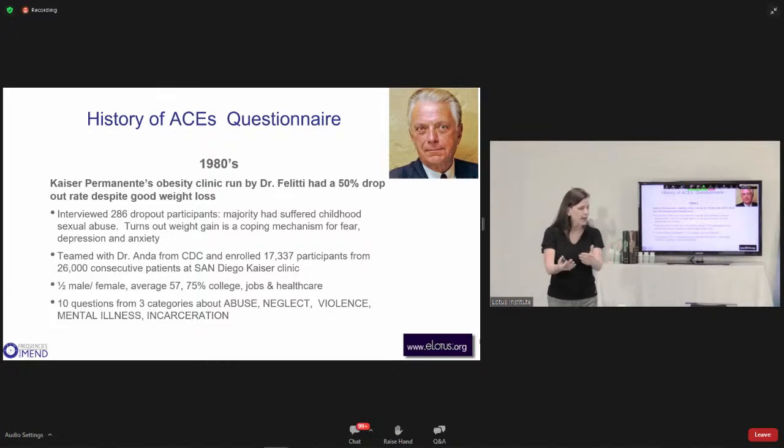So now you've got these people coming in, and basically you had an average age of 57, and they came up with 10 questions in 3 categories, and it had to do with abuse, neglect, violence, mental illness, and incarceration. And they were able to find out what was actually going on with these average employed, college educated, middle-aged people.